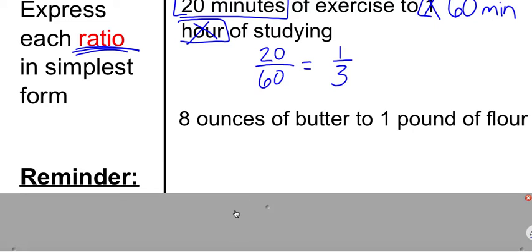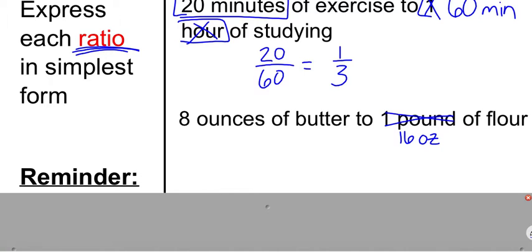Ounces of butter to a pound of flour. 8 ounces, 1 pound of flour. I know that a pound is the same thing as 16 ounces. If you don't know that, there are different things you can do.